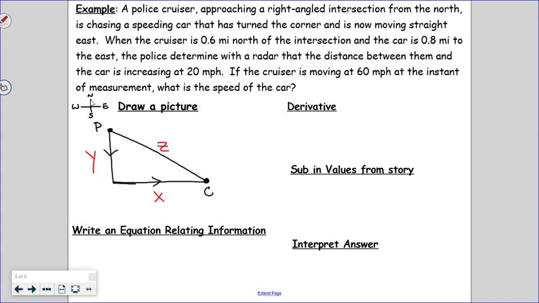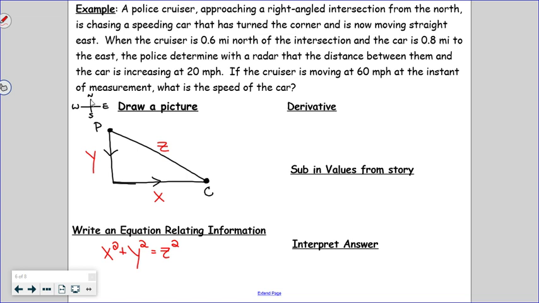But I know that the relationship between those sides in my right triangle is the Pythagorean theorem. x squared plus y squared equals z squared. I don't care if you call them A, B, and C, whatever you want to call them. We got unknowns that are all changing. Okay? So I now have an equation that relates all of that information together. So I can go over and start my derivative.